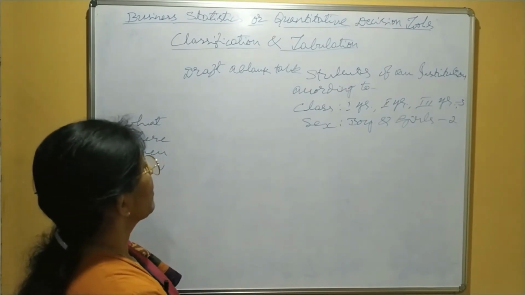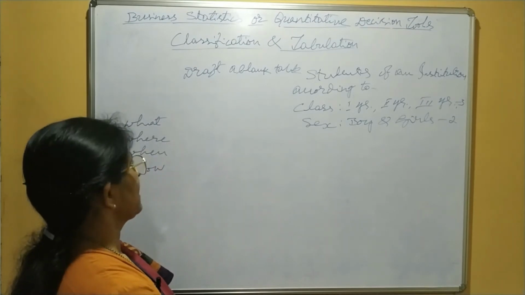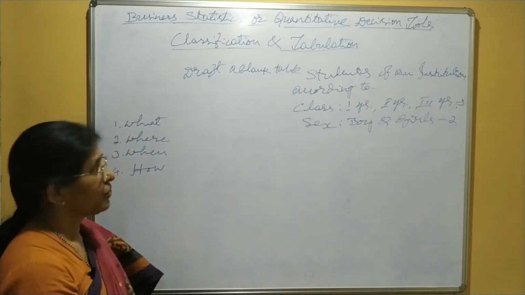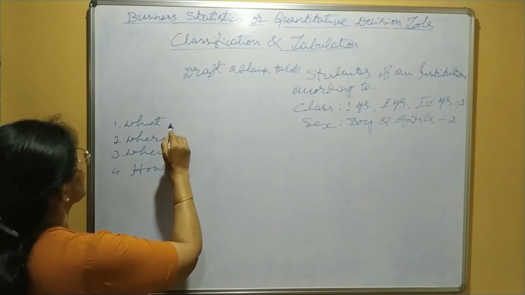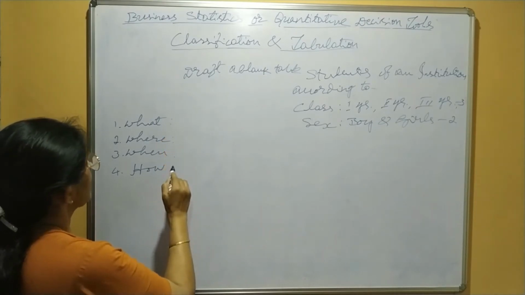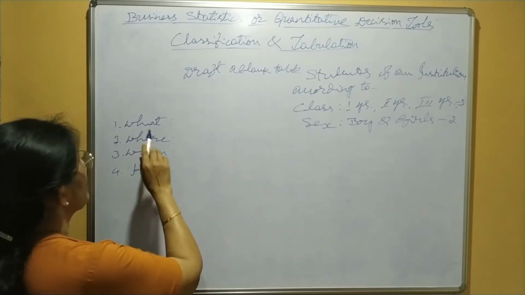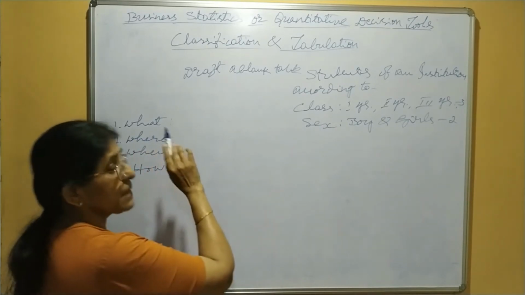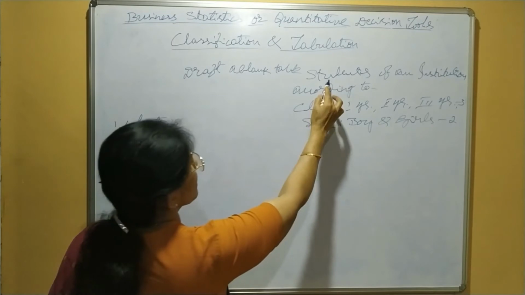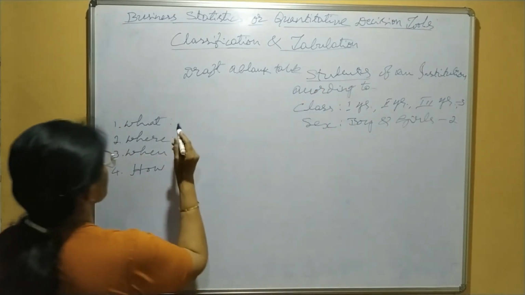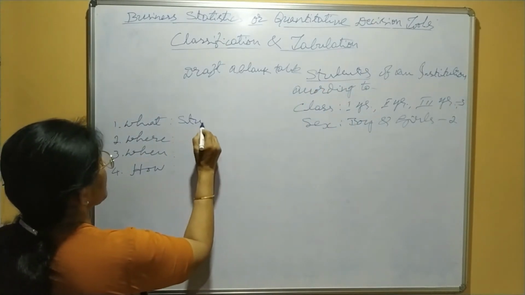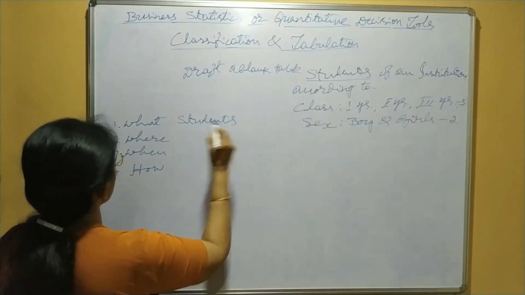Next, we have to decide the title. It is known to you, a satisfactory title must be capable of answering these 4 questions. First, what the data are. Data refers to students.